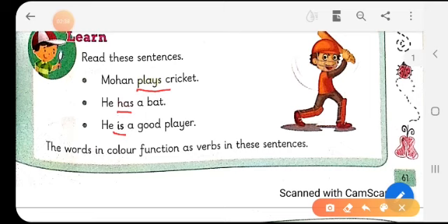Without a verb, a sentence is always considered incomplete. The words in color function as verbs in these sentences. As I told you, all these words that I have underlined are verbs, or they represent the action of the noun or the pronoun used in the sentence.